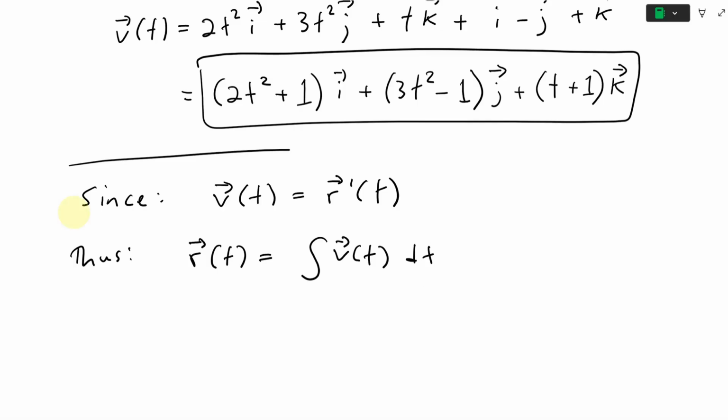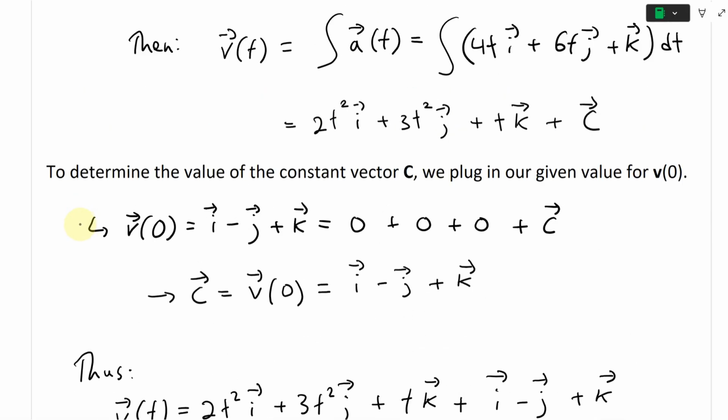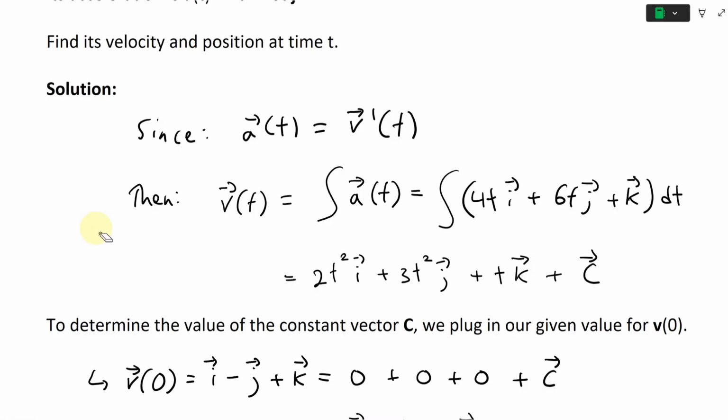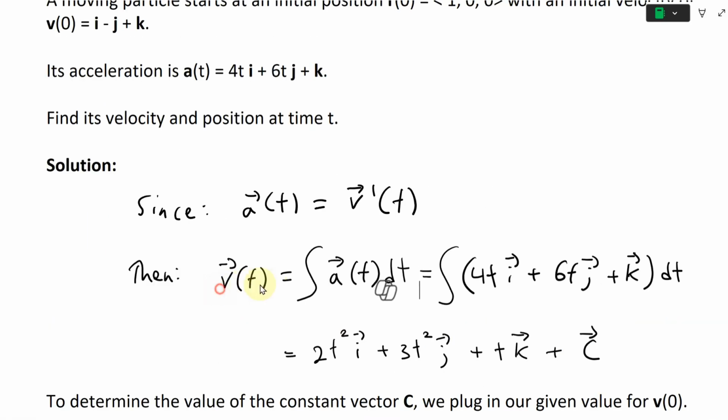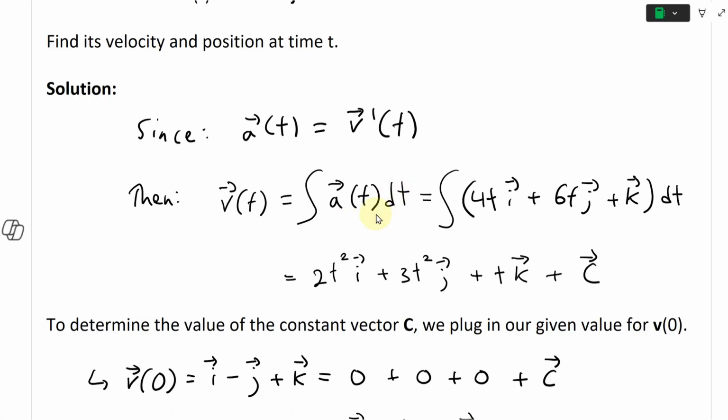Make sure to put a dt there. Let's see if I put a dt over here earlier. Yeah, here I just fixed that up, added the dt there.